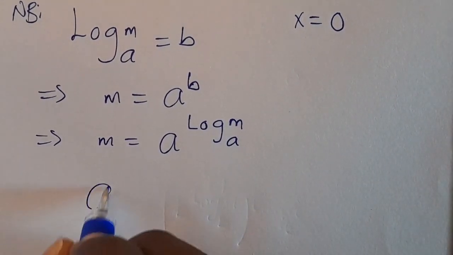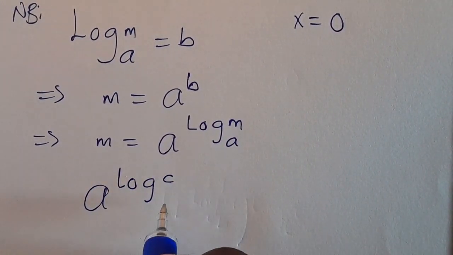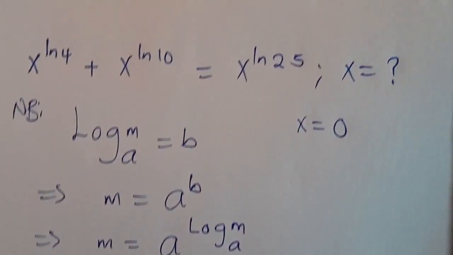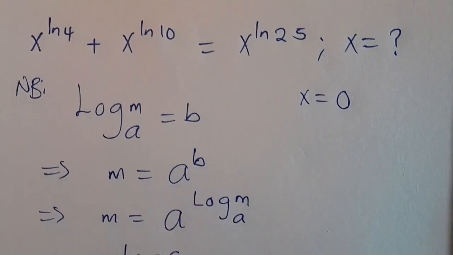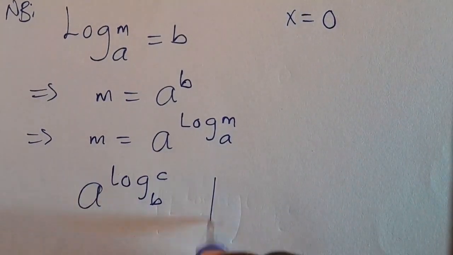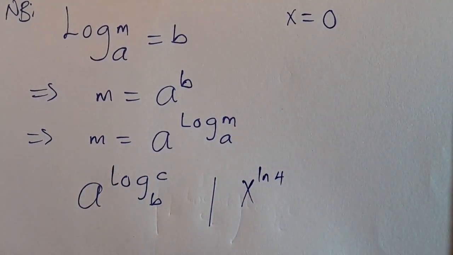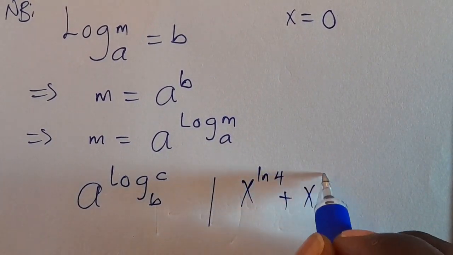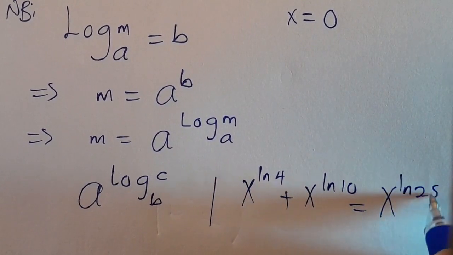So when you try to understand this expression, in the case of you having a to the power of log c in base b, that looks like the problem we have here. Now, we have something like x to the power of ln4 plus x to the power of ln10 that equals x to the power of ln25.